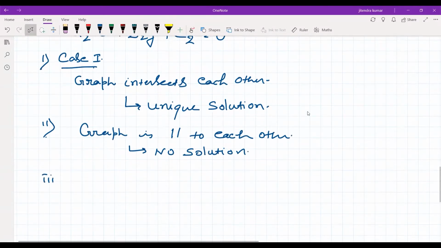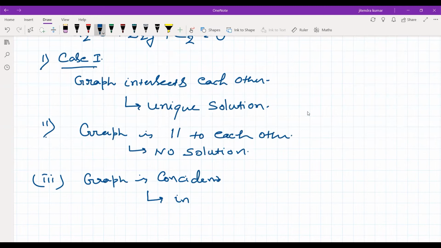And in the third case, where the two lines are coincident, here we say infinite number of solutions, so infinite solutions.